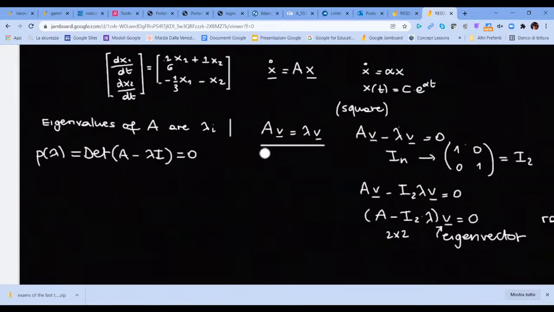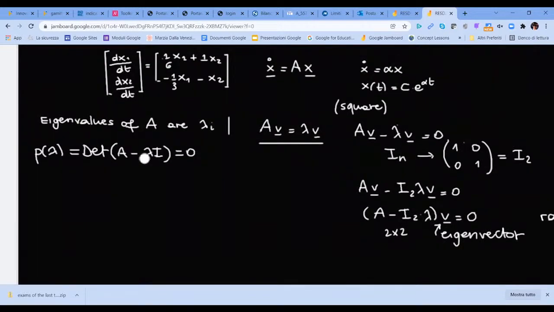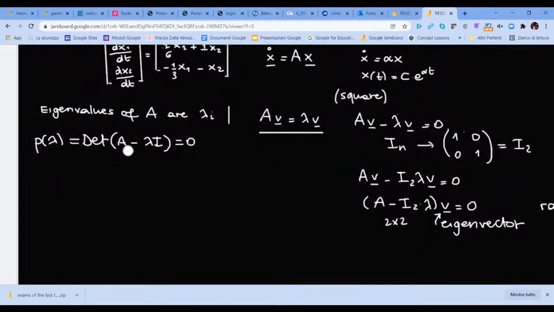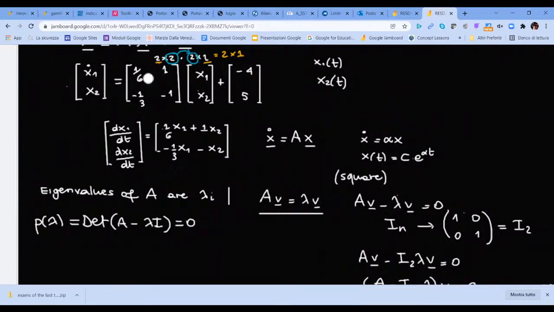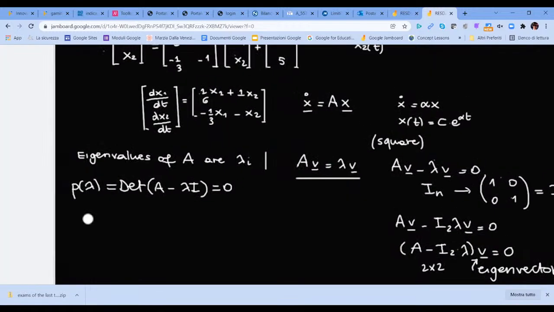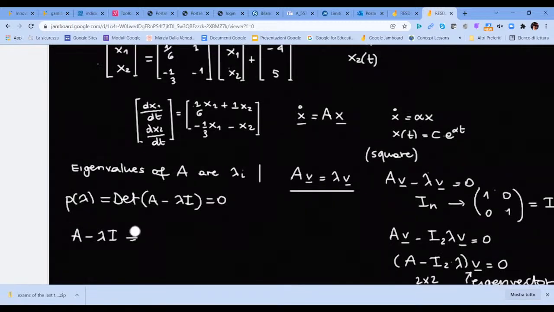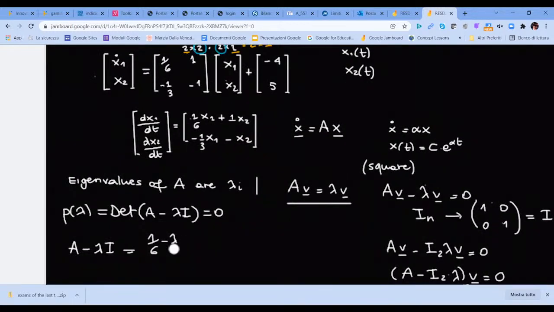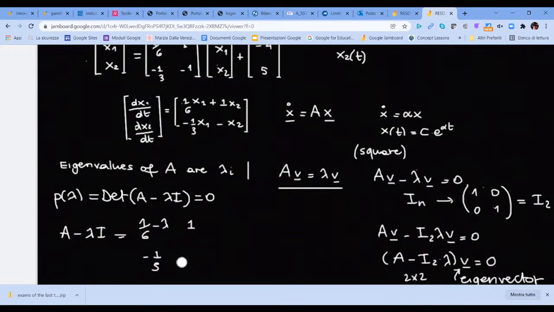So, in order to find the eigenvalues, we can compute the determinant of A minus lambda I. That is, the lambda remains multiplied by these ones on the principal diagonal, and that means that A minus lambda I will be 1/6 minus lambda, 1, minus 1/3, minus 1 minus lambda.